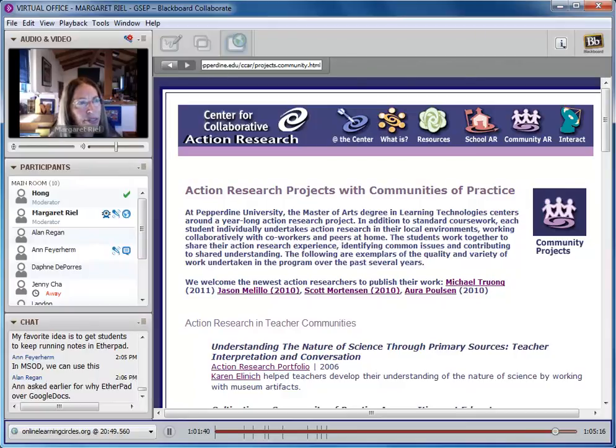So it gives me a sense of evaluation. When I look over the Etherpad for a learning circle, I can tell right away who's at least doing the work of collecting notes. The students that are quiet in other places tend to be quiet in Etherpad too. So it's just one more kind of marker of who the active participants are.